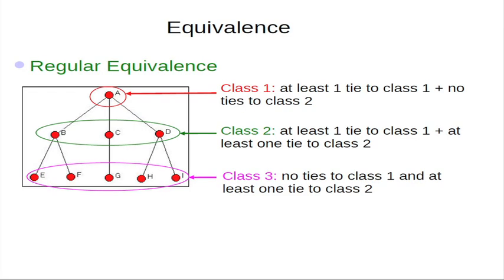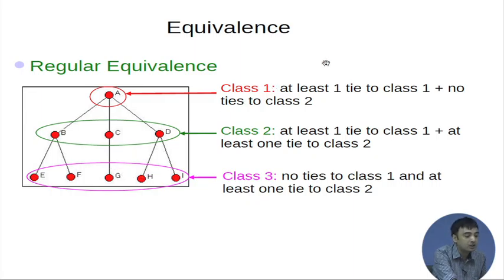Again taking the Wasserman-Faust graph, you can define such a nice regular equivalence. Let us look at the three classes here. Regular equivalence will be divided into three classes: class 1, class 2 and class 3. Node A is a class in itself, by virtue of having at least one tie to class 2 members and zero ties to class 3 members.